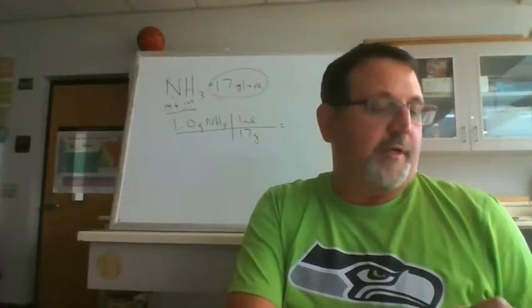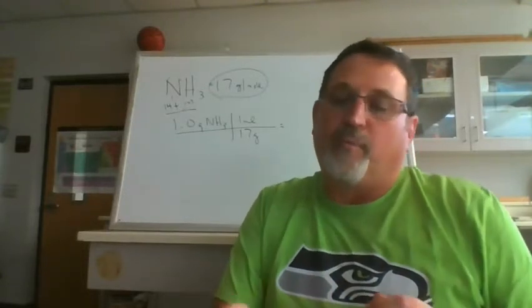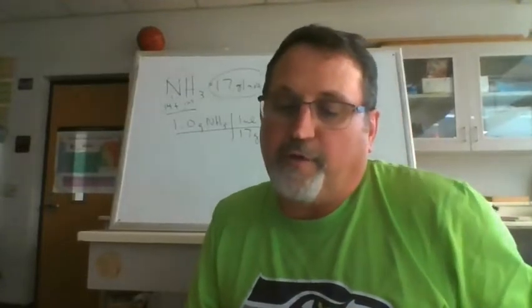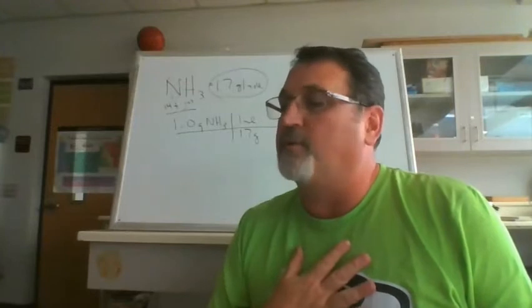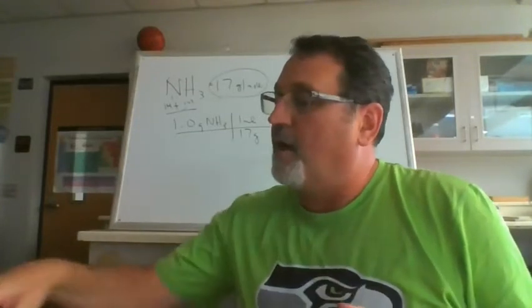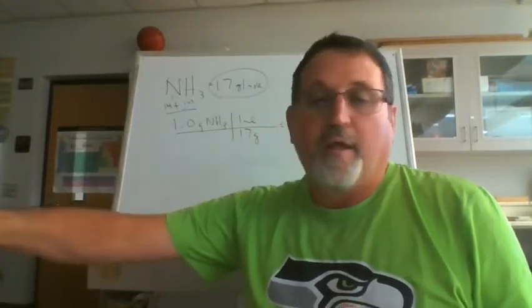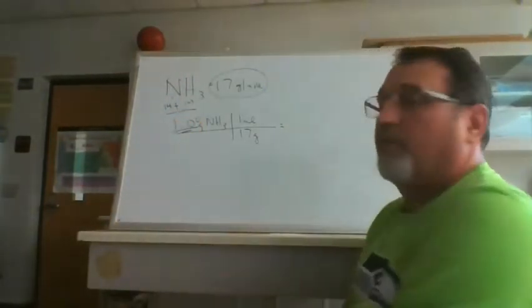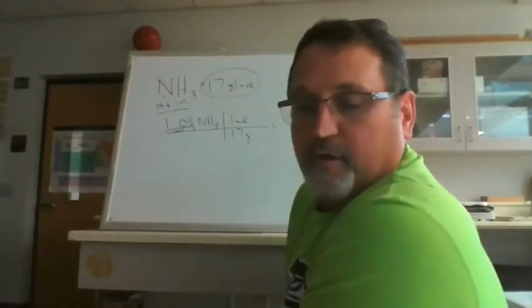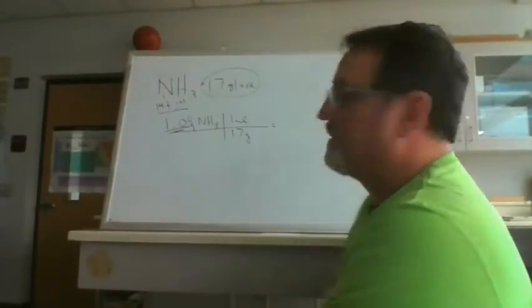So 1 divided by 17 is 0.0058235294. That's what my calculator says. But remember, I'm smarter than my calculator. I recognize that 51 gave me 1 gram as 1.00, three significant figures. So my answer should have 3 significant figures.